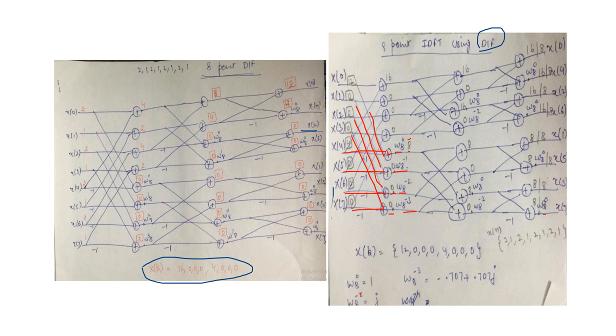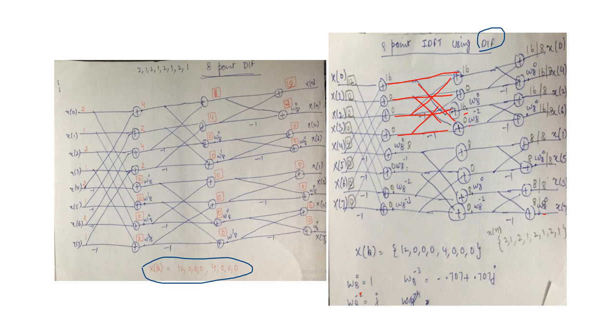Now move to the second stage. The output of the first stage is 16, 0, 0, 0, 8, 0, 0, 0. Now move to the second stage. 16 plus 0, 0 plus 0 is 0. 0 plus 16 is 16. 0 plus 0 is 0.